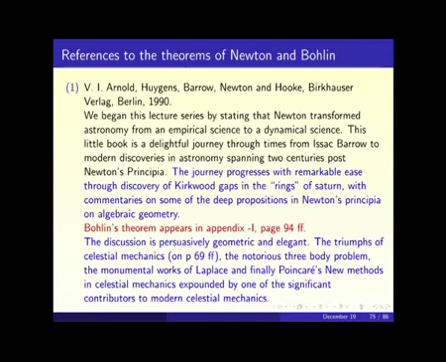The triumphs of celestial mechanics on page 69, the notorious three-body problem, the monumental works of Pierre-Simon Laplace, and finally Poincaré. Poincaré's revolutionary new methods in celestial mechanics are expounded by one of the most significant contributors to modern celestial mechanics.